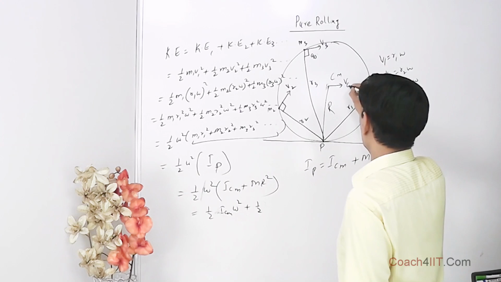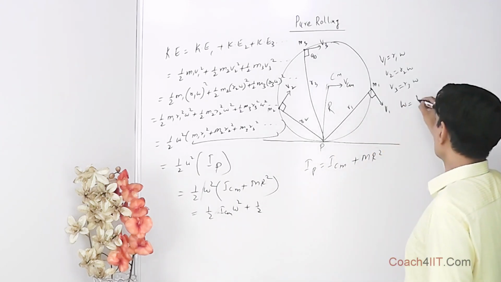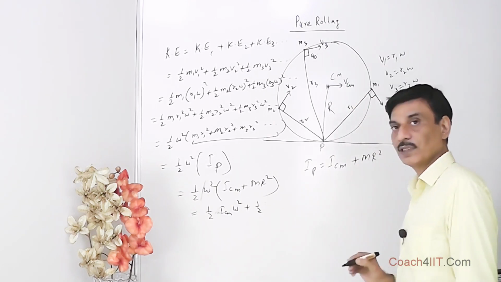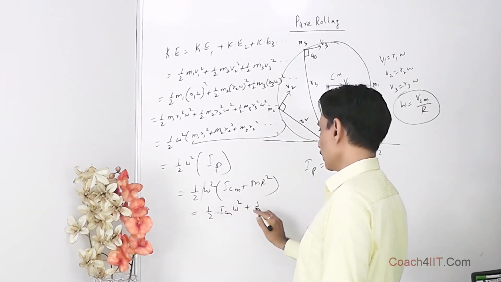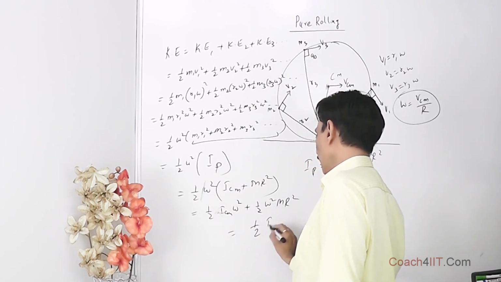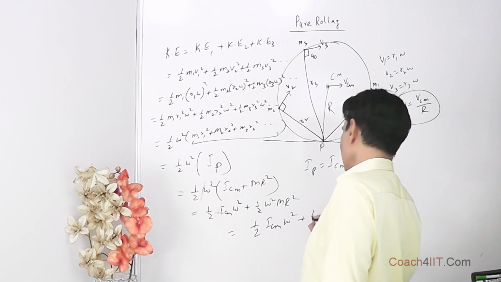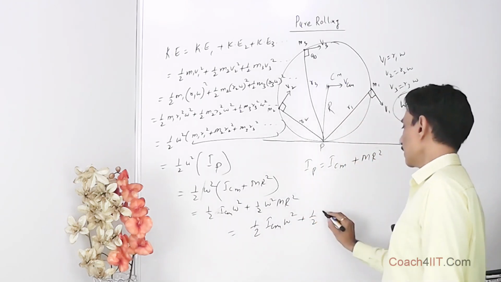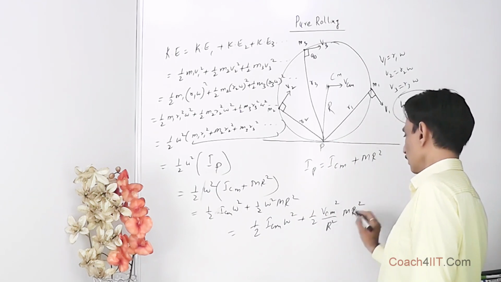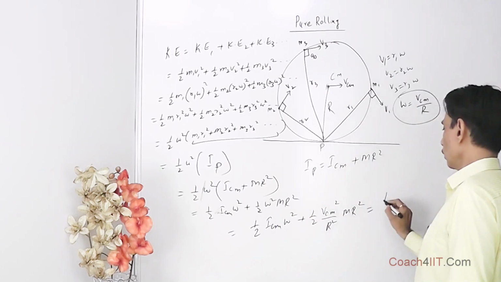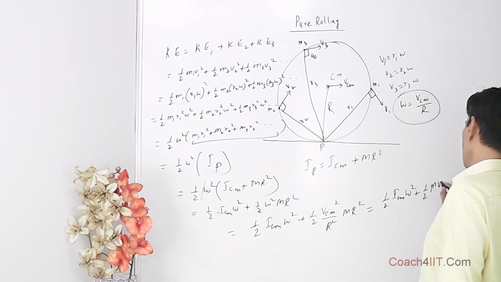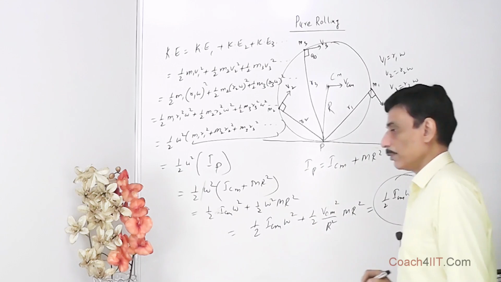At this instant, suppose the center of mass is moving with velocity VCM, so omega is also VCM upon R. Let's replace it: half ICM omega square plus half VCM square by R square into mR square, which comes out to be half ICM omega square plus half m VCM square. Very, very important result.